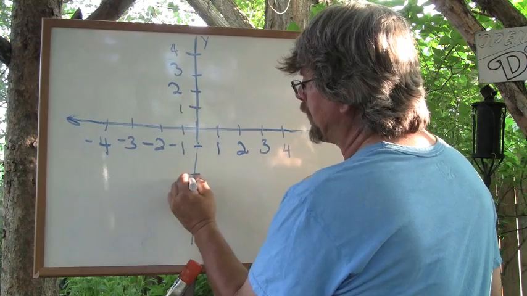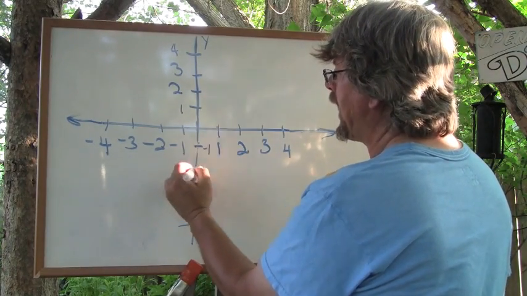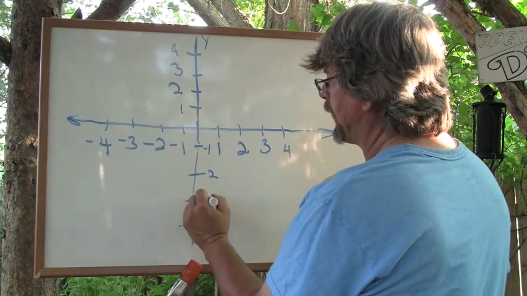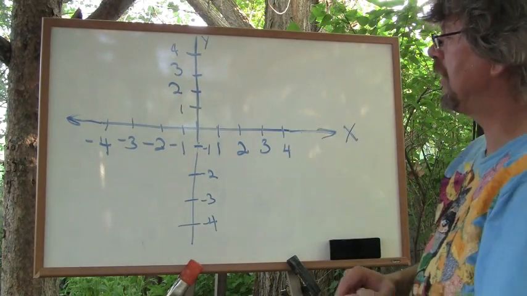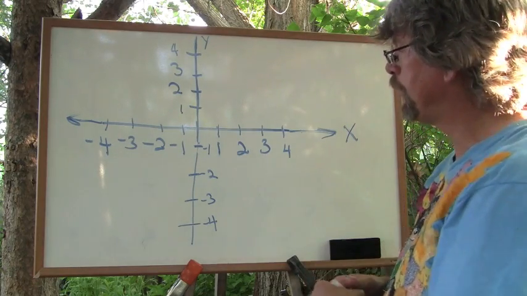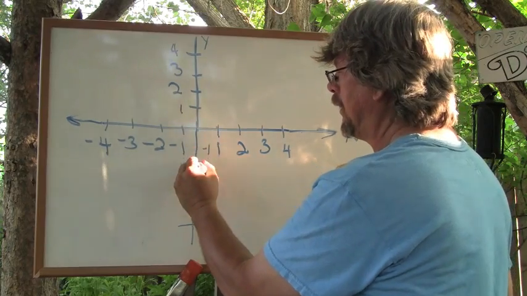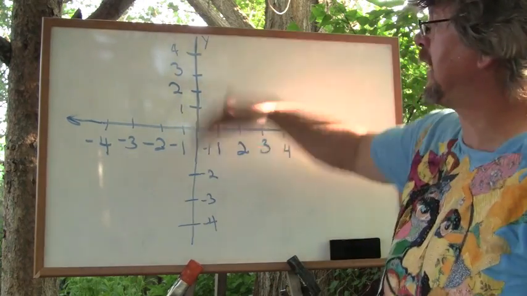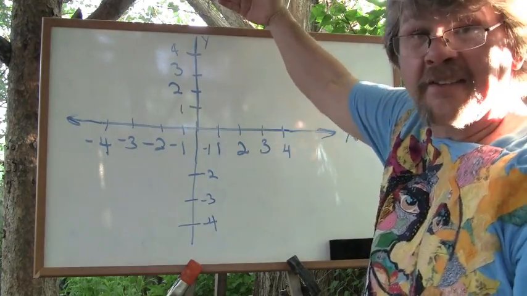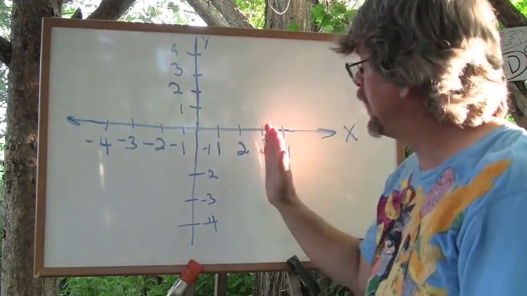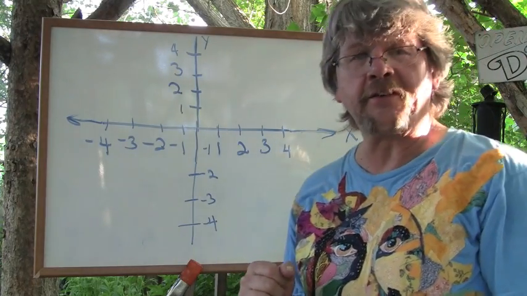We take all the numbers below the x-axis, and these are negative numbers: -1, -2, -3, -4. So that we have a Cartesian coordinate system of 2 axes perpendicular to each other, with the positive numbers to the right and above the x-axis, and the negative numbers to the left and below the x-axis.